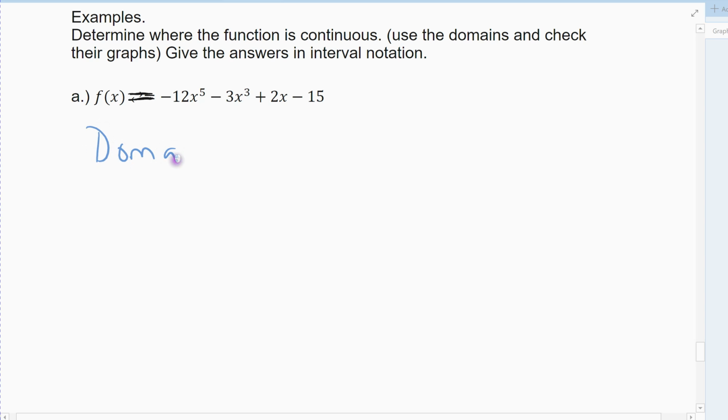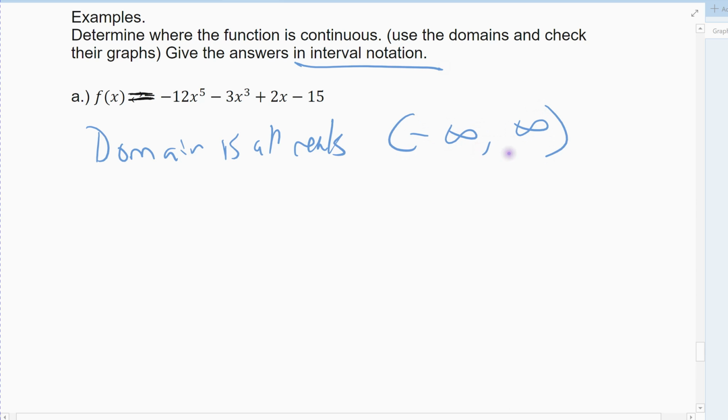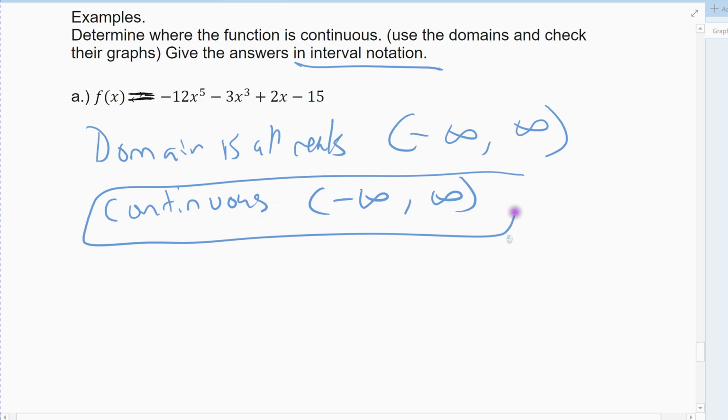And so my domain is all reals, writing that in interval notation, which is one of the things we reviewed in the review: negative infinity to positive infinity. This function exists everywhere. There's not a single moment where it does not exist. There's not a single asymptote, not a hole in the function, not a break in the function. And so it's continuous over all real numbers. So it's continuous everywhere.